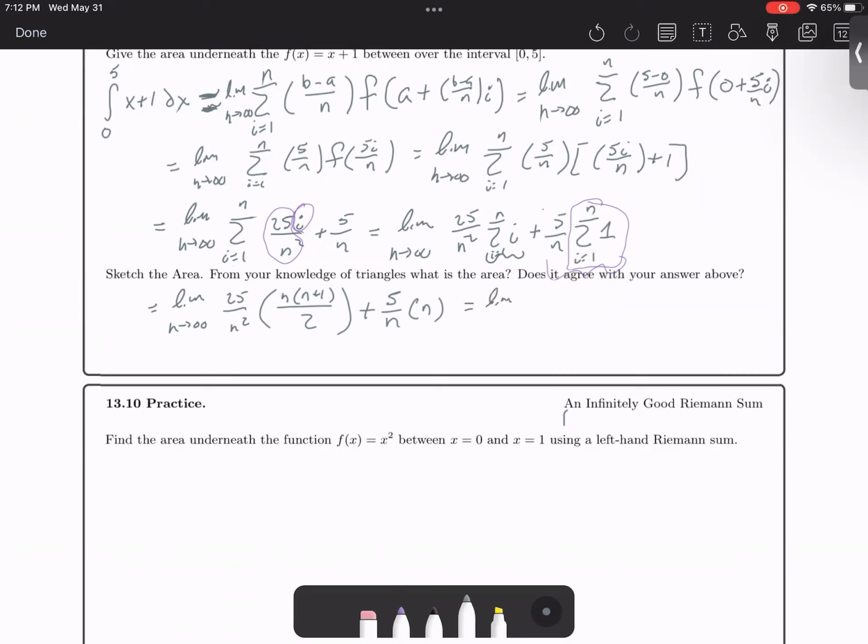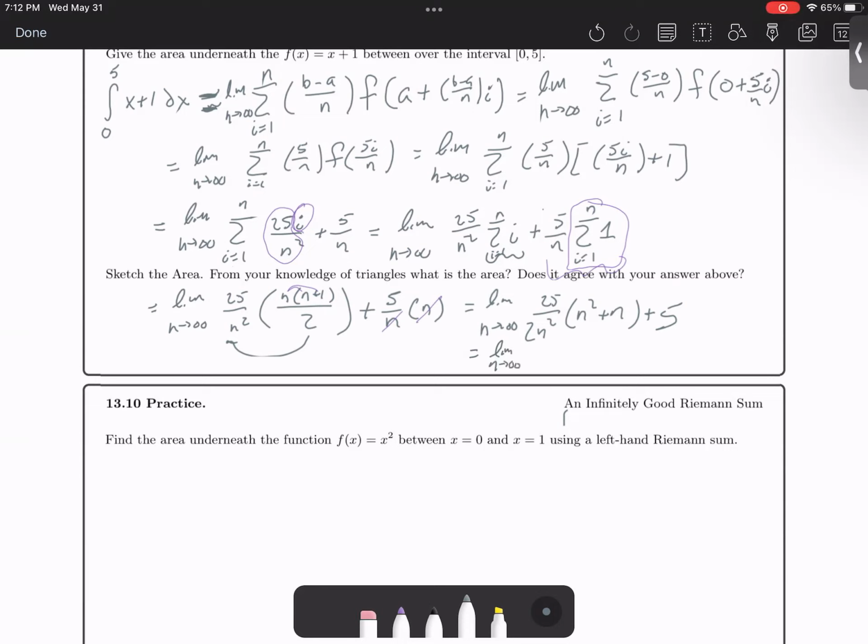Okay, I think we're a couple steps away from finishing this. What do we got? We have the 25 over n squared. I can move that 2 right there. And then I've got n squared plus n when you distribute this n. Plus 5, just plus 5, because those n's cancel. All right.